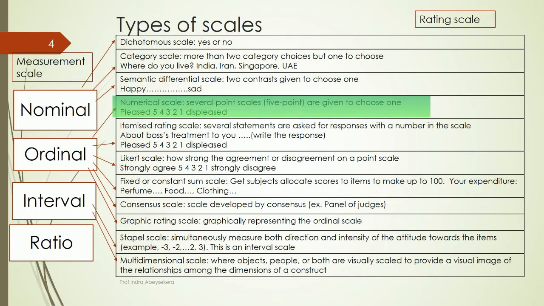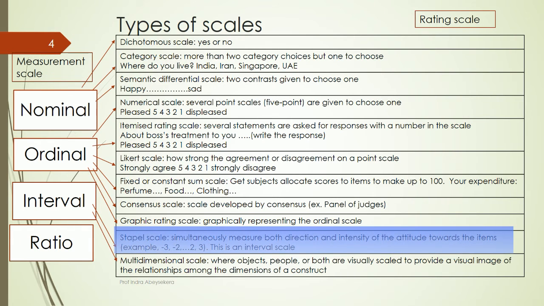We also can have an interval scale. We can have a scale where we ask for the measuring of the direction and intensity of the attitude towards an item, and we can have it with a constructed 0, and then numbers with equal intervals, numbers changing above 0 and also below 0.